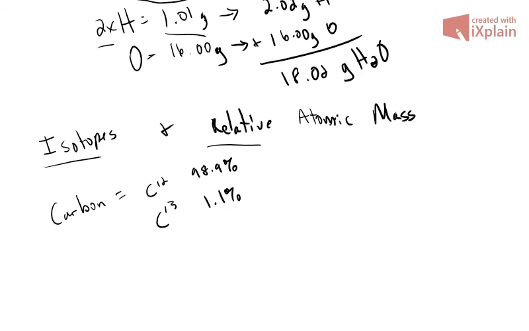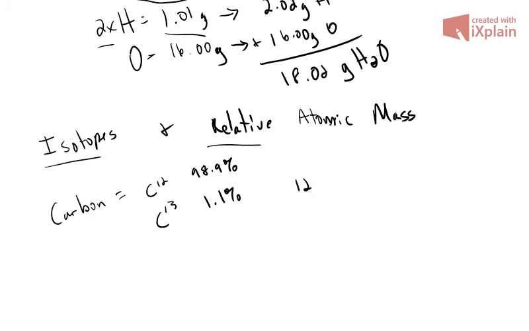Okay. Now, a lot of you have probably heard of carbon 14 dating. There is a carbon 14, but it's like 1 part per trillion percent abundance, so you don't really need to worry about that in this calculation. So the 12 and 13, those are its atomic masses. And then we take into account the abundance of these masses.